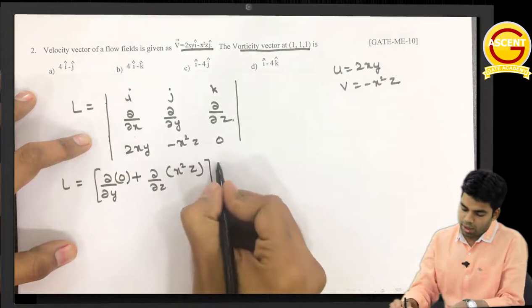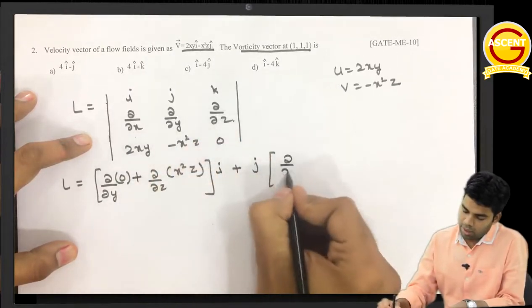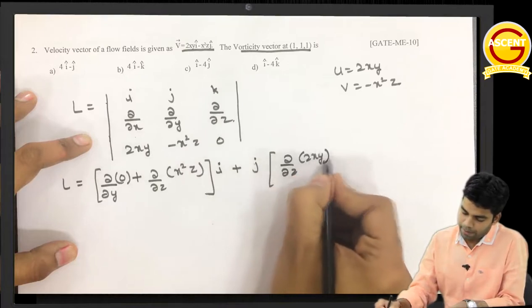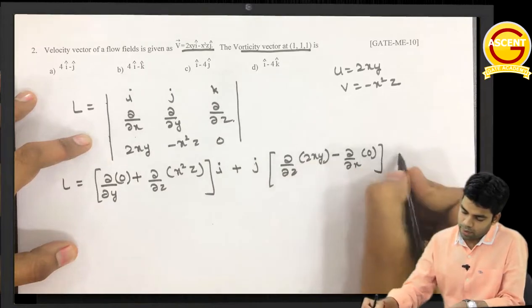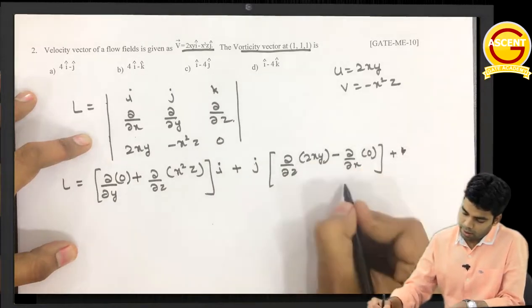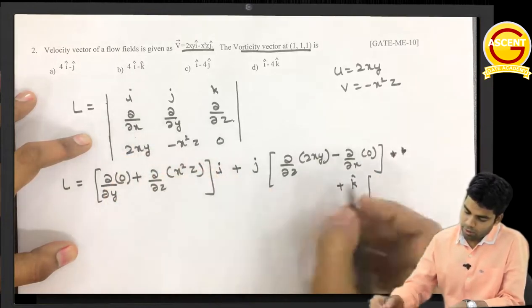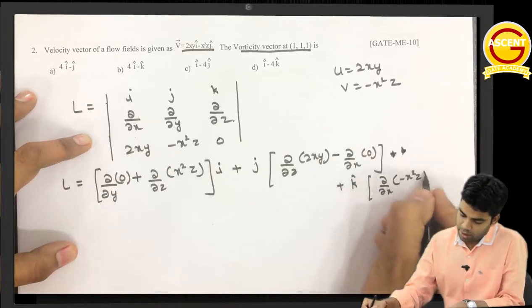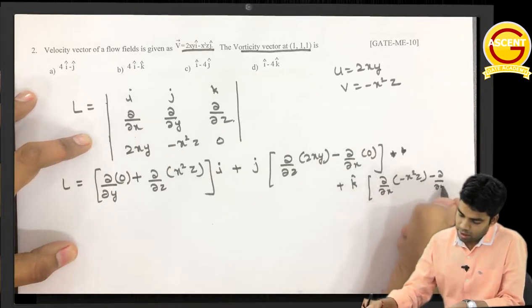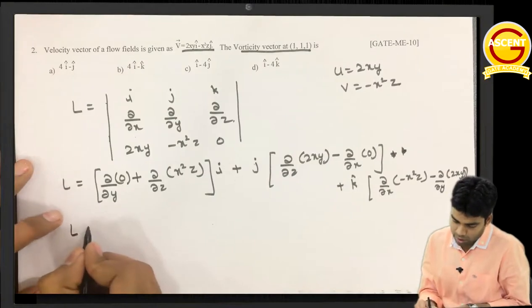Getting this into i, plus j into del by del z of 2xy minus del by del x of 0, plus k into del by del x of minus x square z minus del by del y of 2xy.